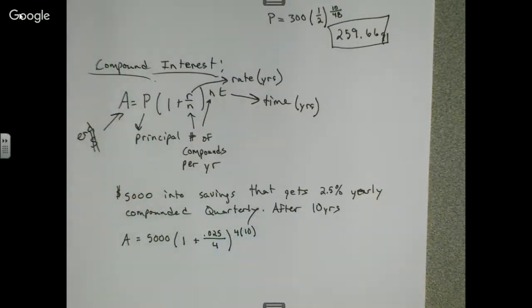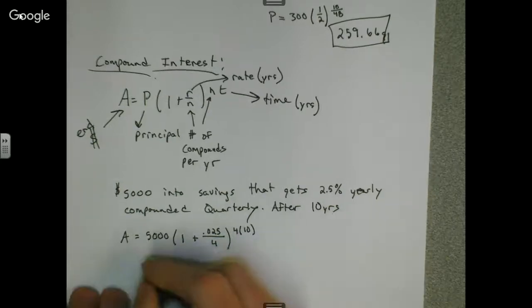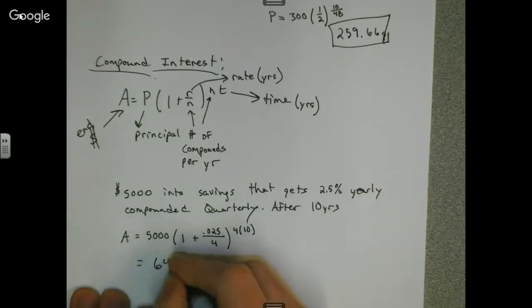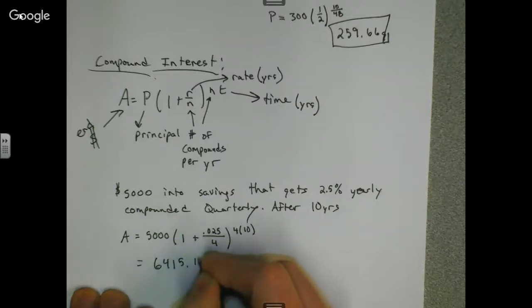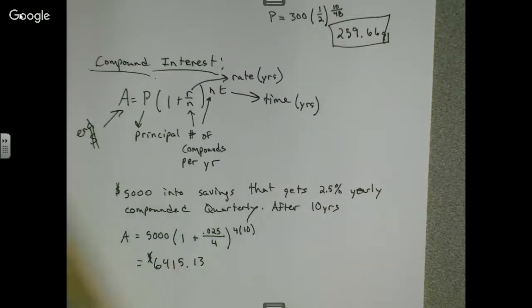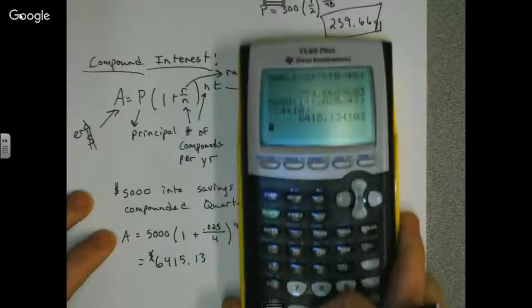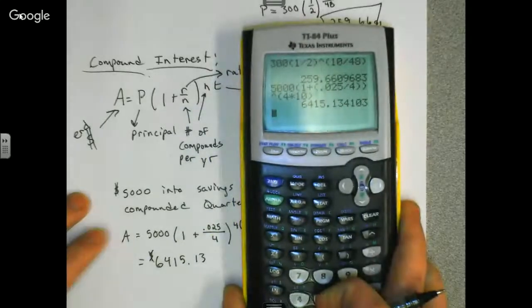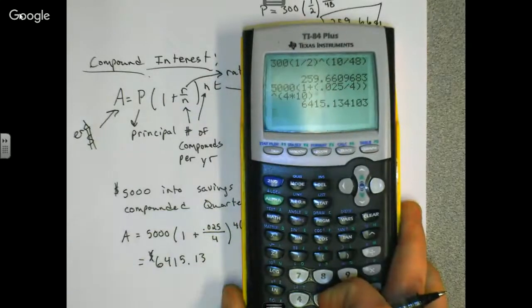So I just got to plug this into the calculator. After that's in the calculator, I get $6,415 and 13 cents. And there's kind of a screenshot of how I put it in the calculator. You can freeze it and take a look at that.